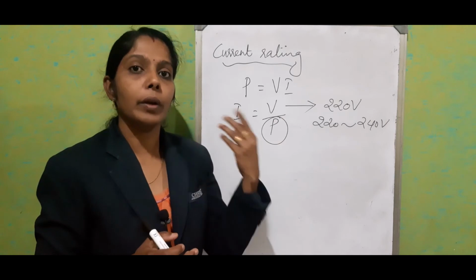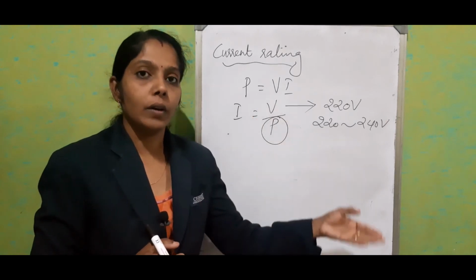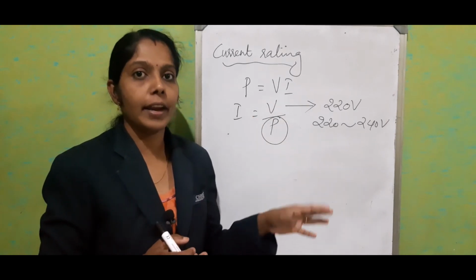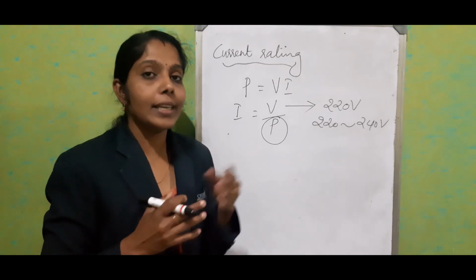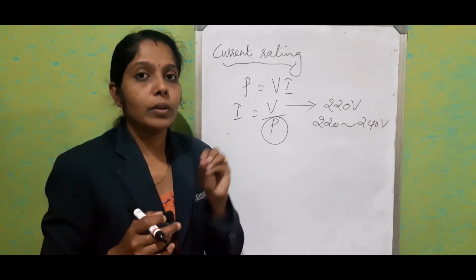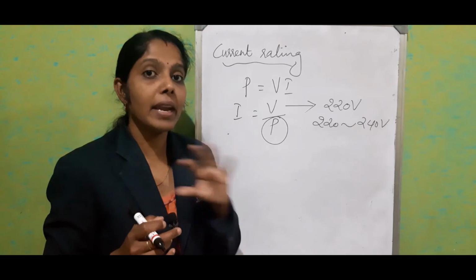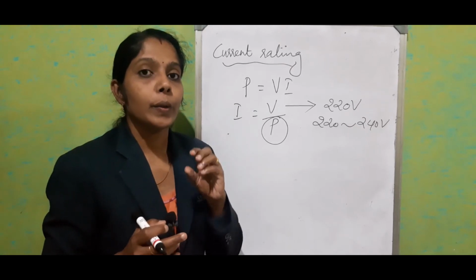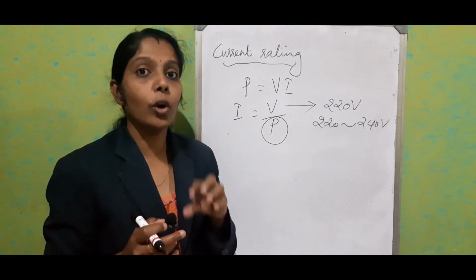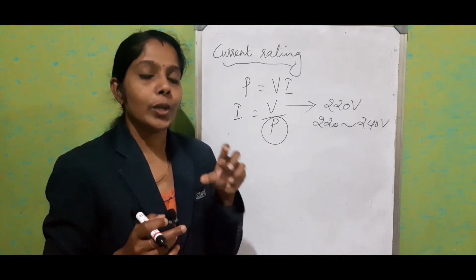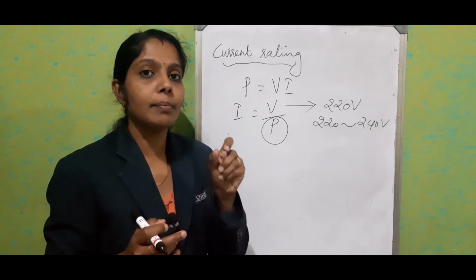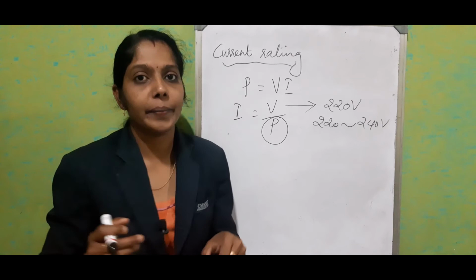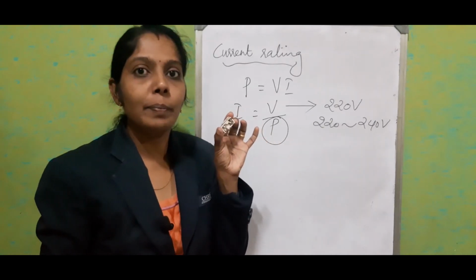For AC one value will be there, and for the refrigerator another current rating. That's why we always connect these main high-rating equipment through a special switch called a power plug. In that power plug you can see a small fuse inside. This is the power plug fuse.